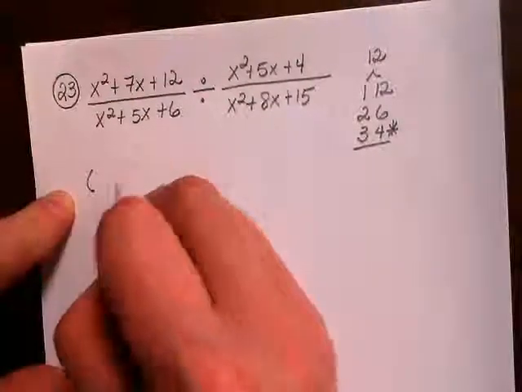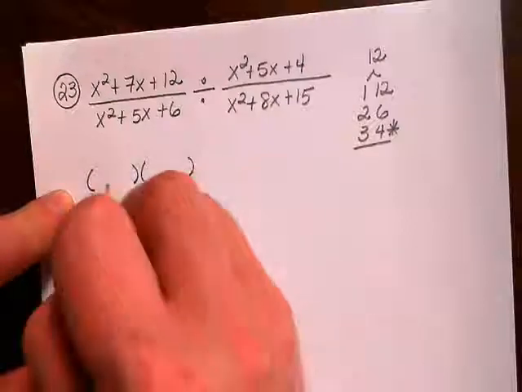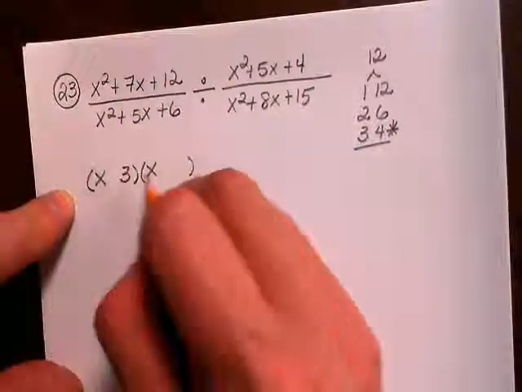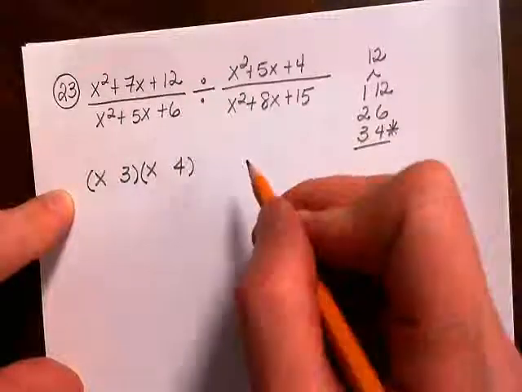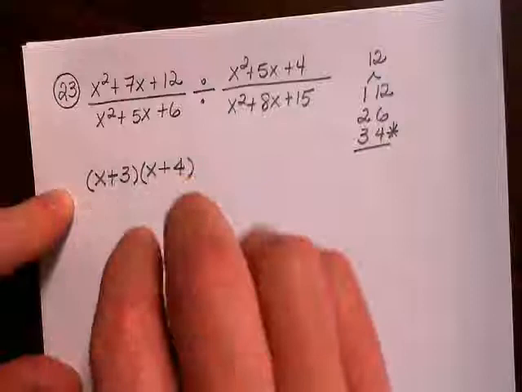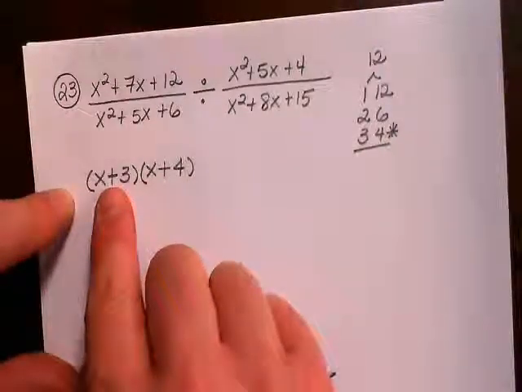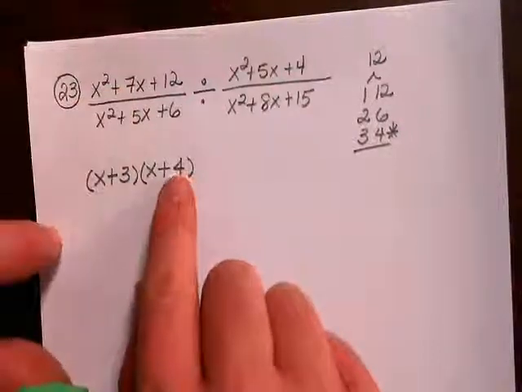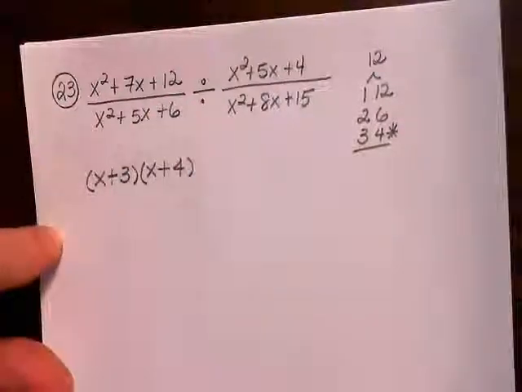So I'm going to come over here, open two sets of parentheses, and I'm going to write 3 and 4. What is the sign of 4? It's going to be positive, and the sign of 3 also positive, because positive 4 and positive 3 adds up to positive 7, and 4 times 3 gives me 12.